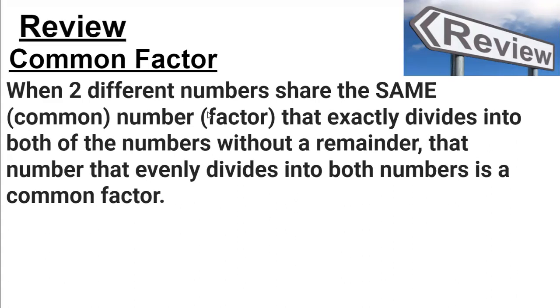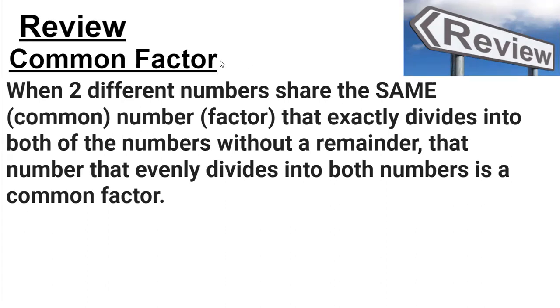It's when two different numbers share the same number, a common number or a factor that exactly divides both of the numbers without a remainder. That number that evenly divides into both numbers is a common factor.